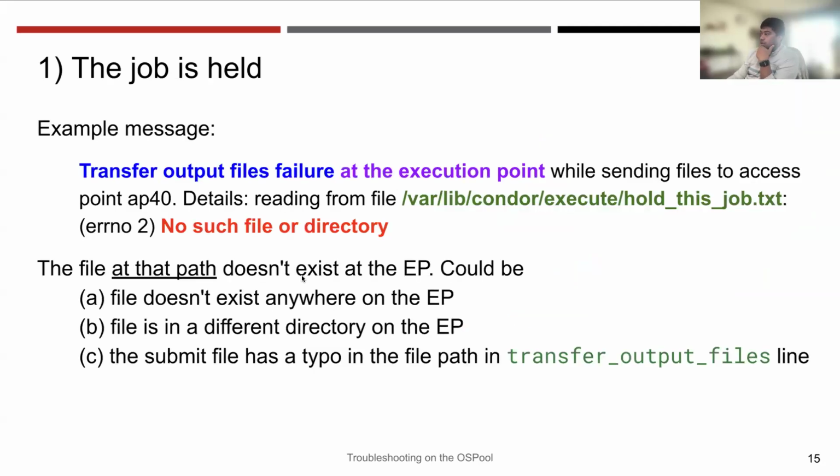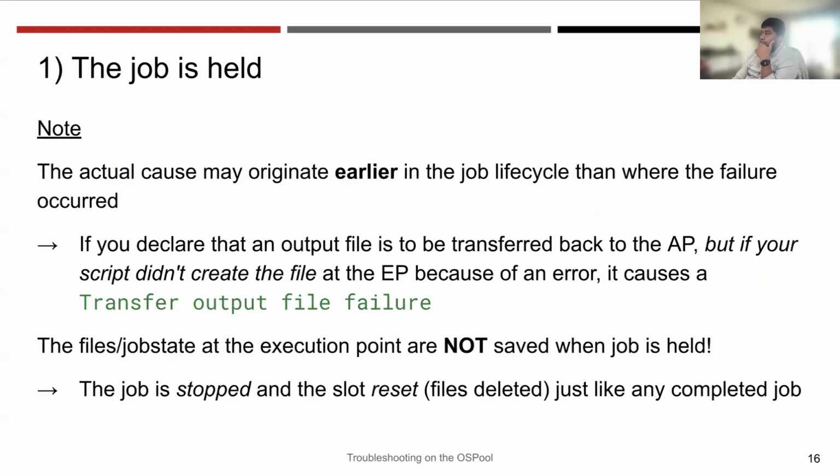So I will move ahead onto the job hold side. Even if your job goes on hold, and you could see it's having issues in transferring the output file, the error may actually happen way earlier in your calculation's life cycle.